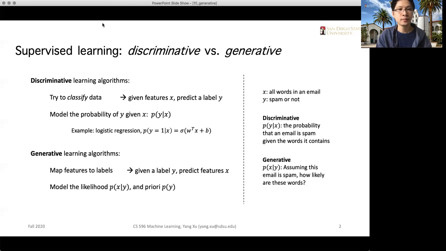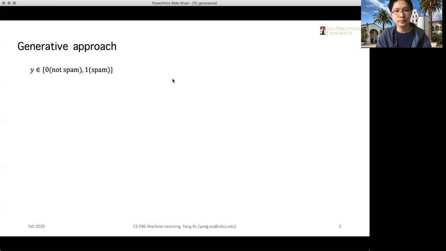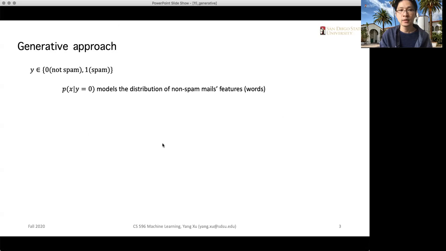So let's step further into this example of mail classification task. Let's use the label y equals 0 for not spam and y equals 1 for spam mail. So the generative approach basically needs to model the distribution using p of x given y equals 0.